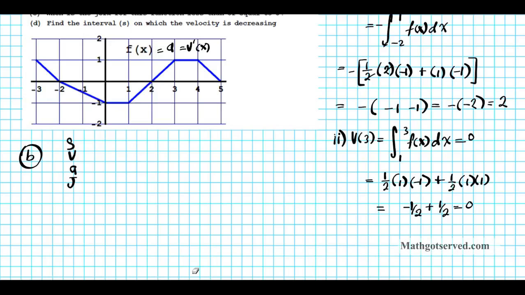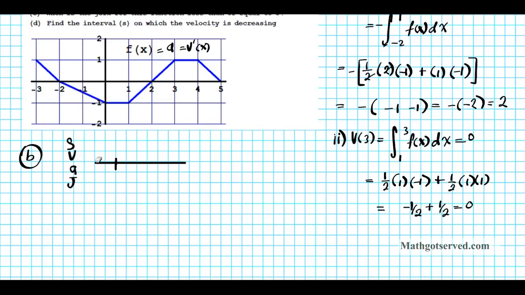Okay? So let's do a number line. What we're looking for here is the extrema. That's what we're looking for. So using this graph of the derivative of velocity, we're going to connect the sign of v prime, which is a, with the behavior of f.